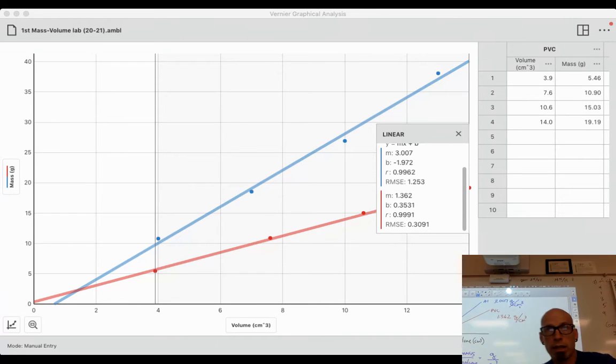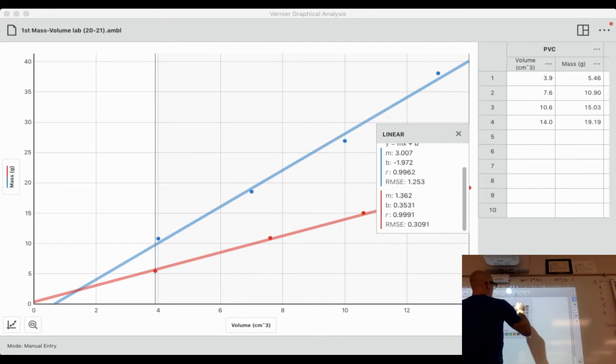Well, like this. For aluminum, I should move these a little bit. Let me move that down here. I need a little bit of space. So if I'm describing aluminum, I would say there are 3.007 grams of aluminum for every 1 centimeter cubed.